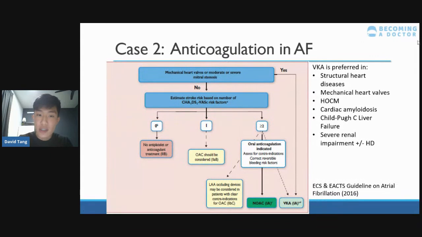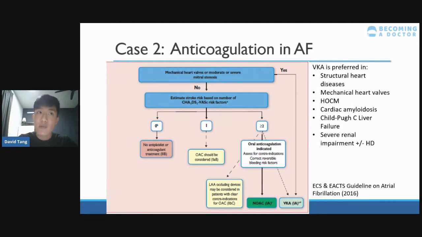And the choice of anticoagulation is based on this guideline, which I've adapted from the European Society of Cardiology. If you choose a NOAC, it should be catered to the patient in terms of their comorbidities. Rivaroxaban and apixaban are very commonly used these days.